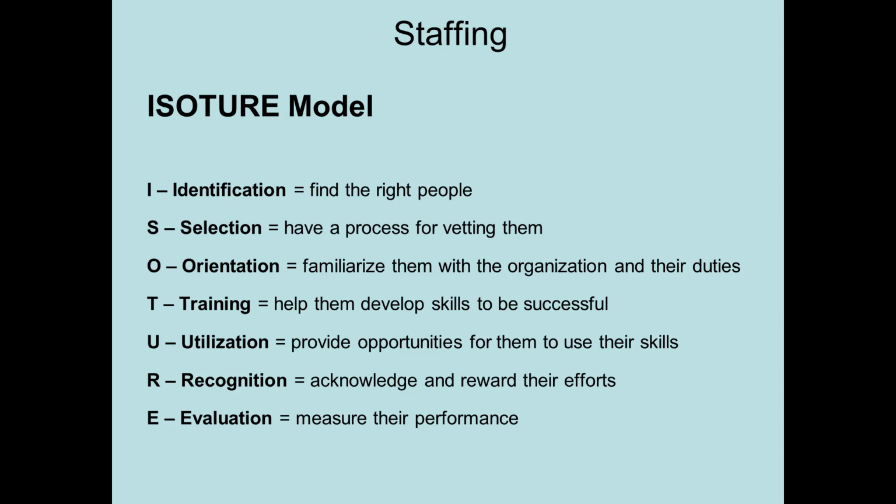Orientation will be how you familiarize them with the organization as well as their duties. Training is helping them to develop the skills they'll need. Utilization is putting the right people and their skills in the right position. Recognition is acknowledging their efforts and rewarding those efforts, as well as evaluations, which is measuring their performance.